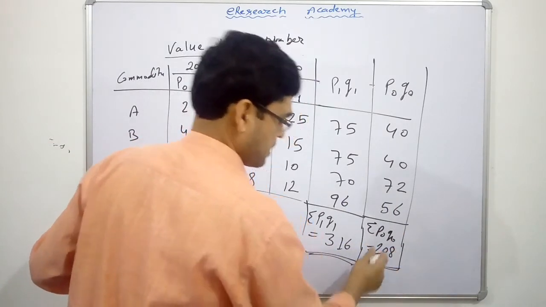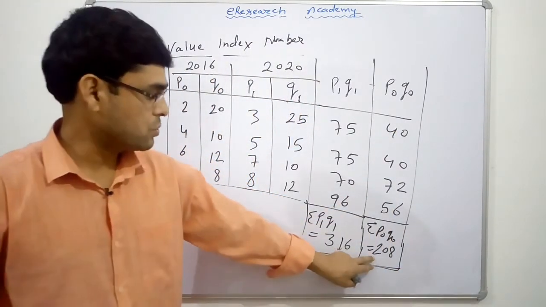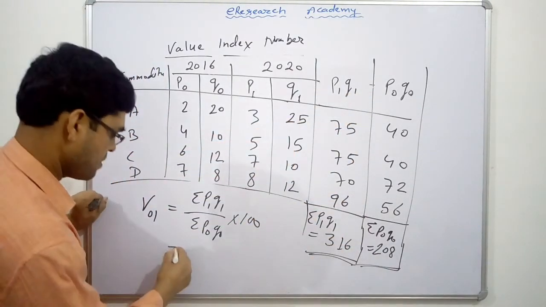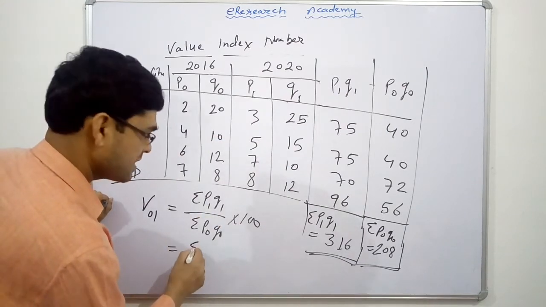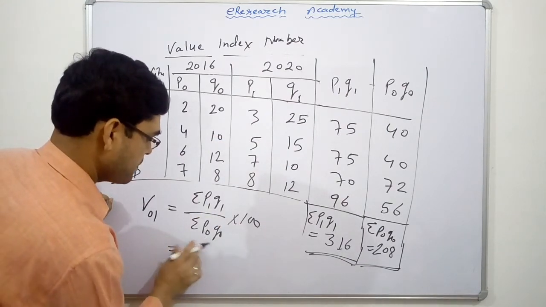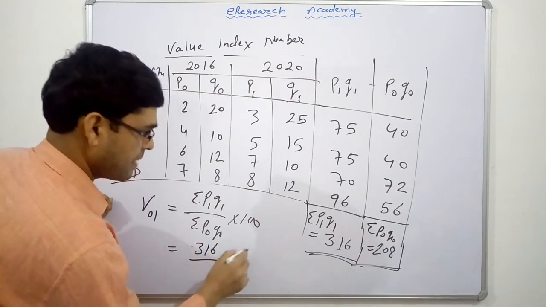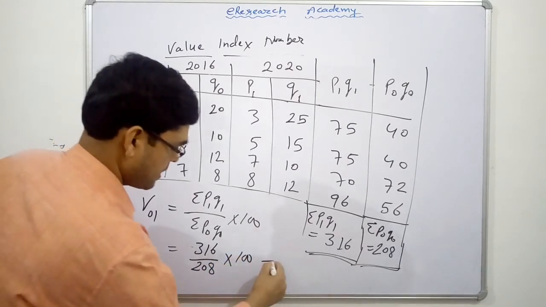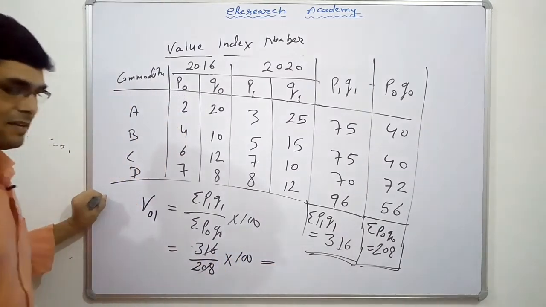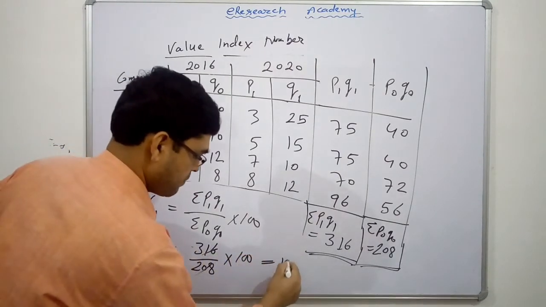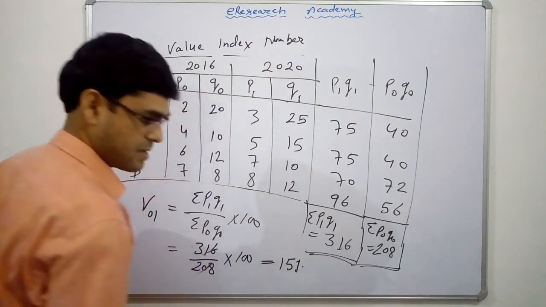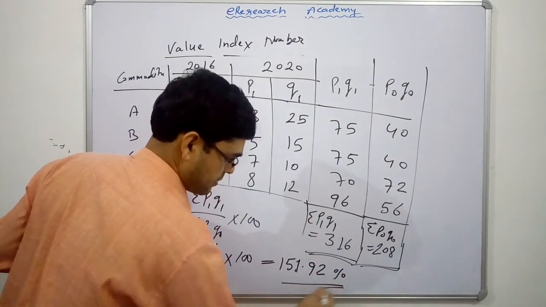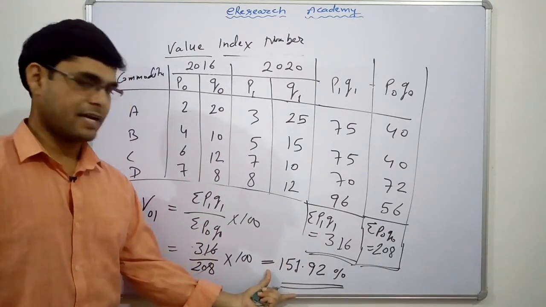Now we put these values in the formula: 316 by 208 into 100. This gives us the answer as 151.92%, so this is our value index.